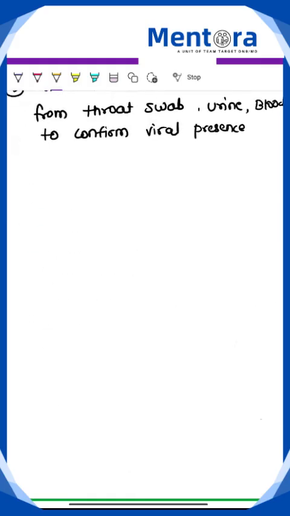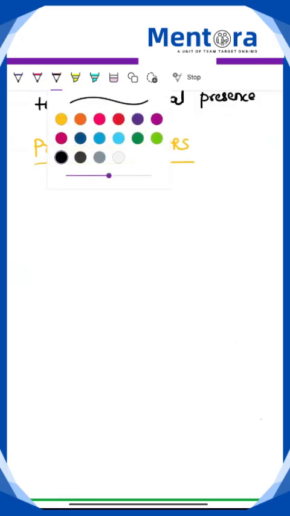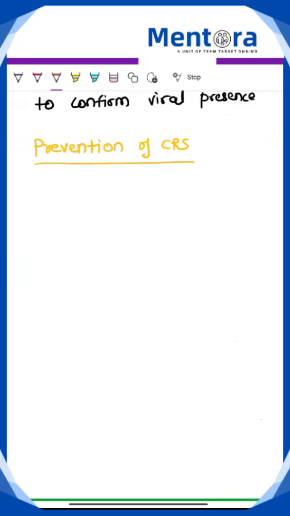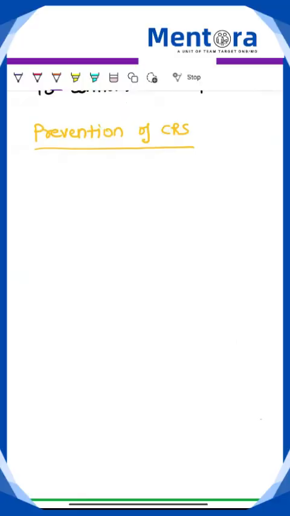The method of prevention of congenital rubella syndrome. So first is universal immunization. This is the most effective method.